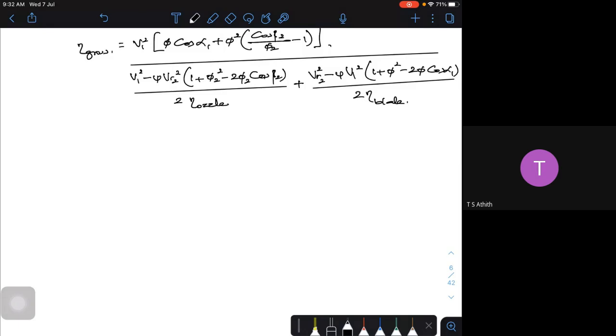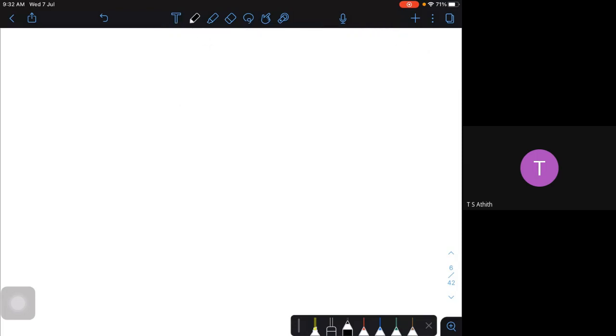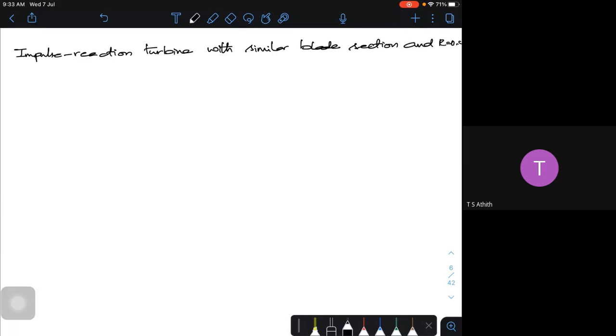Let me write that. Impulse reaction turbine with similar blade sections, and the degree of reaction is equal to half or 0.5.